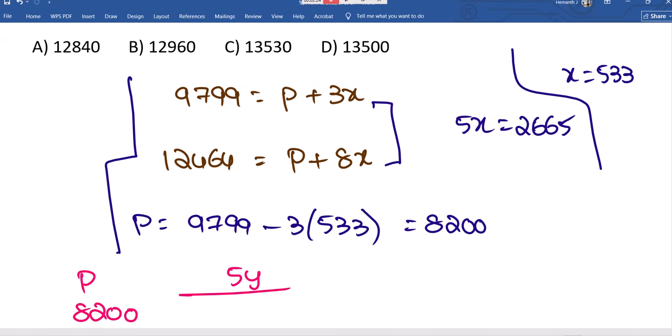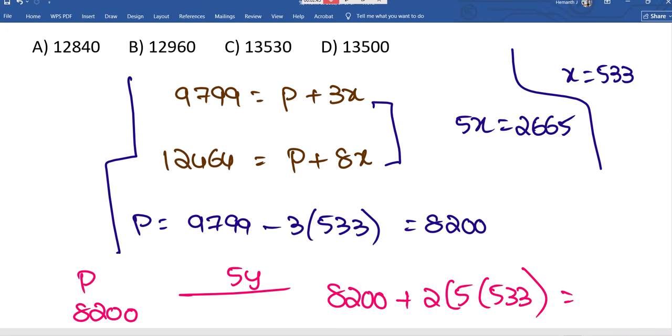Listen, the interest you got for 1 year is 533. Double means the interest will be 1,066. So 8,200 plus 2 into 5 into 533. Why double, 2 into?